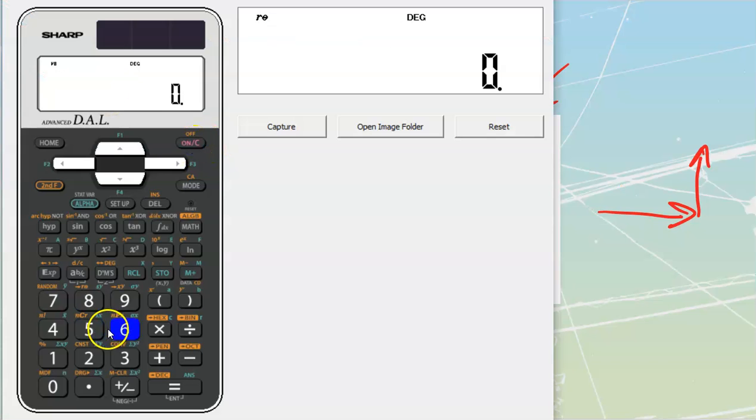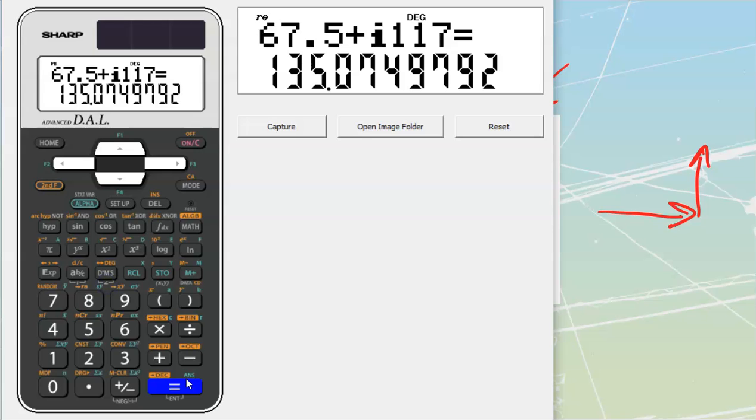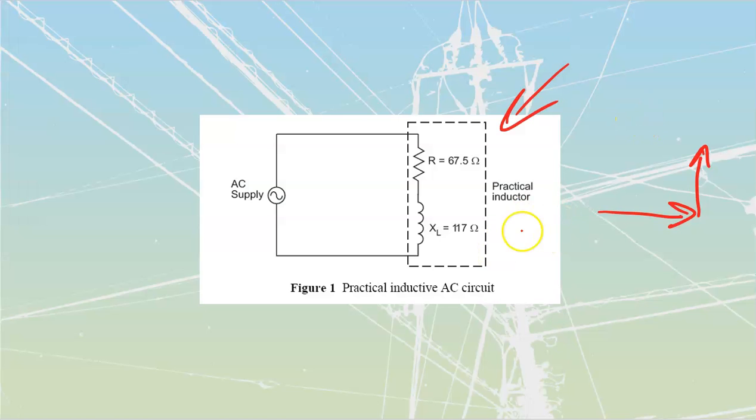Try that again. 67.5 plus, oh, I hit the angle there, didn't I? j117. Which gets me out to a Z, a total impedance of this coil. That would be 135 ohms, and it would be at an angle of 60 degrees. So 135 ohm Z at 60 degrees for my angle off of this one.